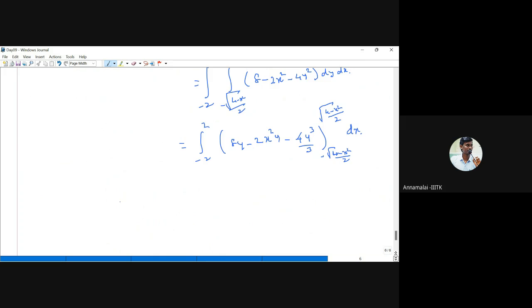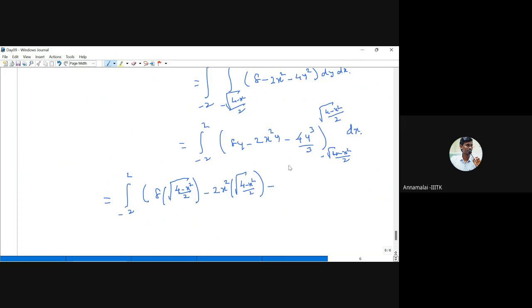What you'll get is integral from minus 2 to 2, 8 times the upper limit, that is square root of (4 minus x square) by 2, minus 2x square times again this value, square root of (4 minus x square) by 2, minus 4 times this one.